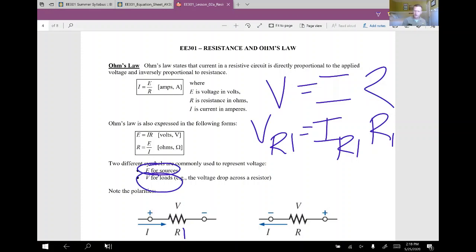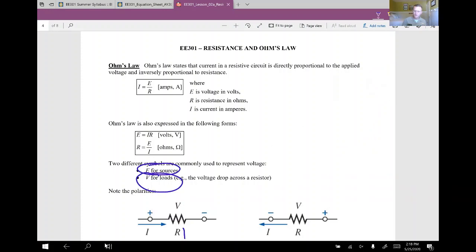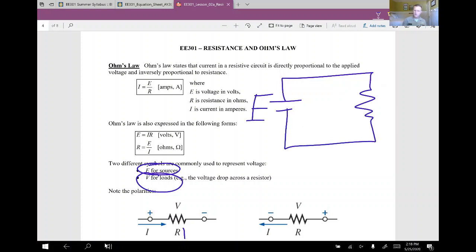Because another way that I could look at a circuit is I could look at everything on the source side. Here's the load, here's my source, E, and here's my R. So if I wanted to use E equals IR, there's only one resistor in this, there's only one current going throughout this, so for this one resistor circuit, E would be equal to IR. Note the polarities.